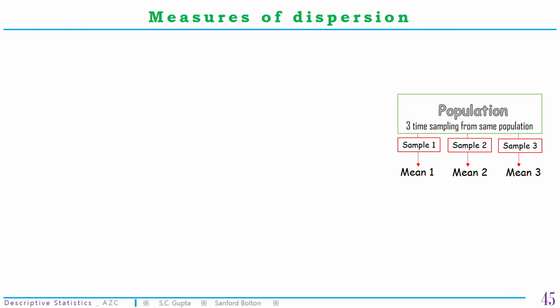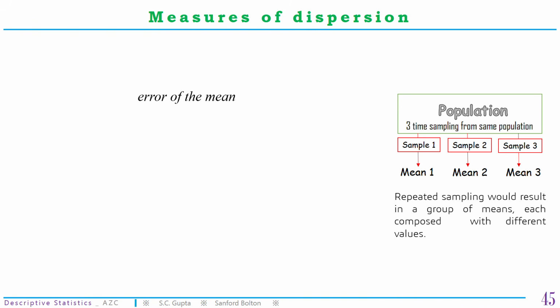Imagine a population when we take sample and identify mean and perform these 3 times sampling from same population. There may be a slight differences in all 3 means. Repeated sampling would result in a group of means, each composed with different values.